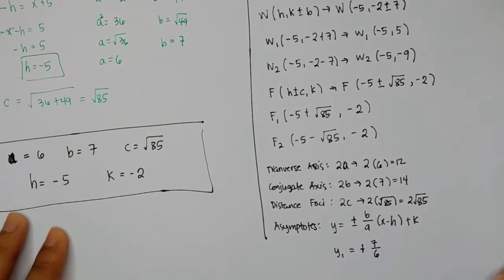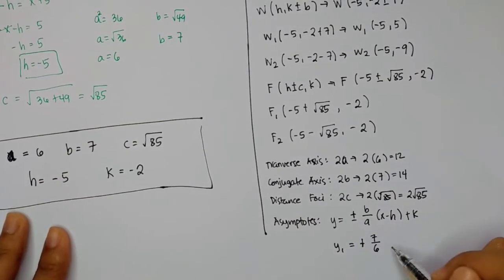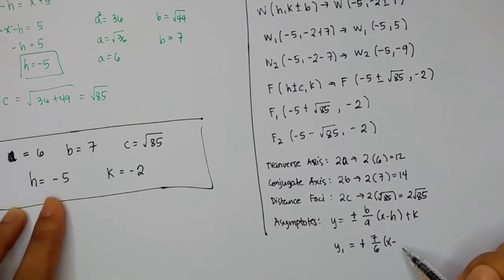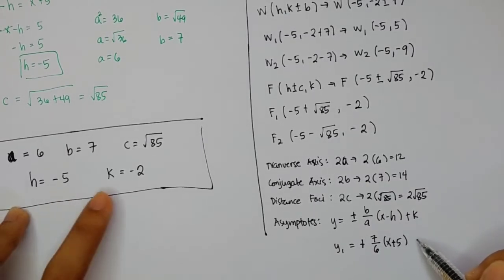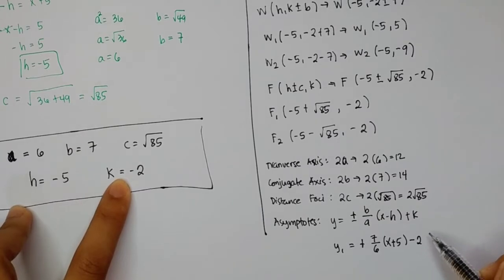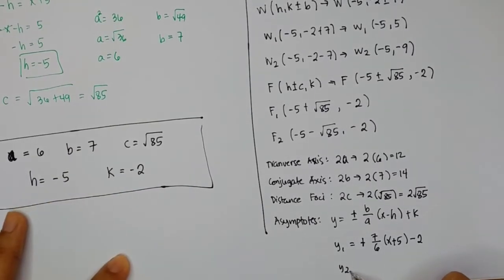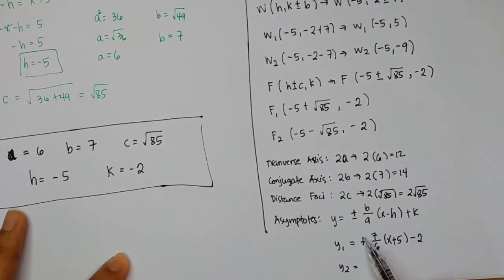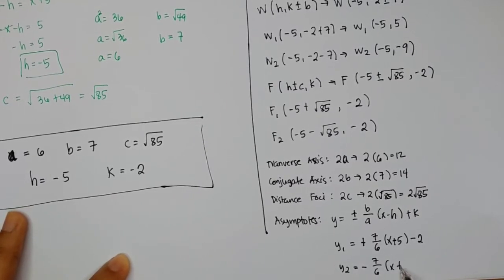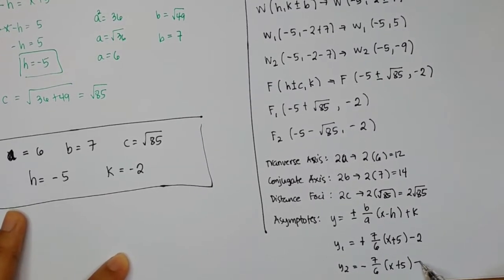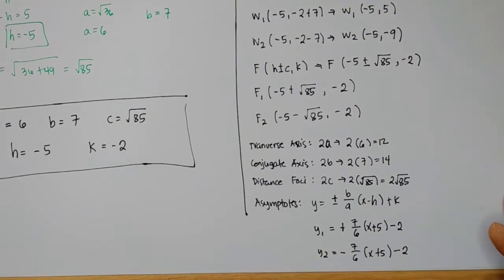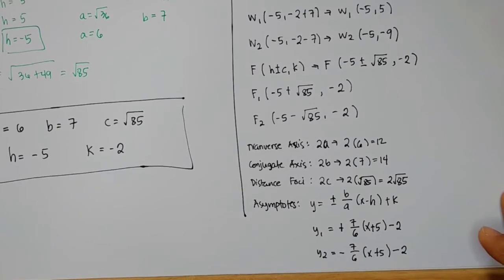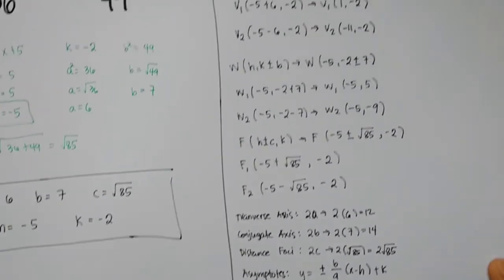X minus yung h natin. So, negative 5, it will be plus 5. Then, we have minus 2 since negative 2. Then, y2 natin. So, palitan natin itong positive na negative. It will be negative 7 over 6. X plus 5 minus 2. Okay. So, meron na tayong mga given. Okay. So, yan lang yung sa given.